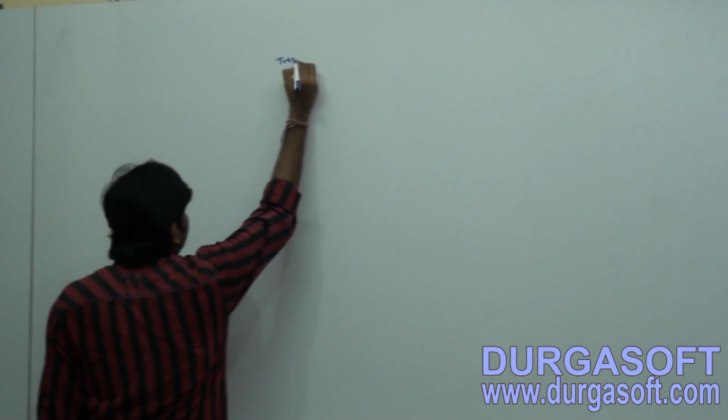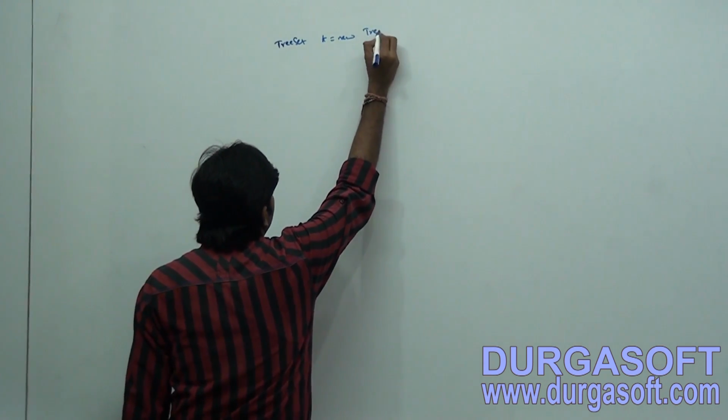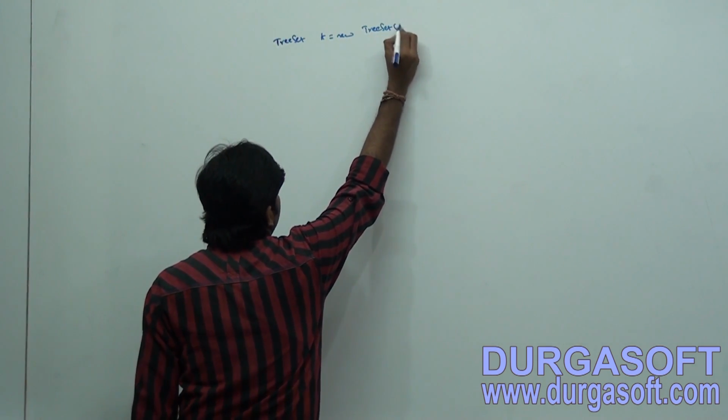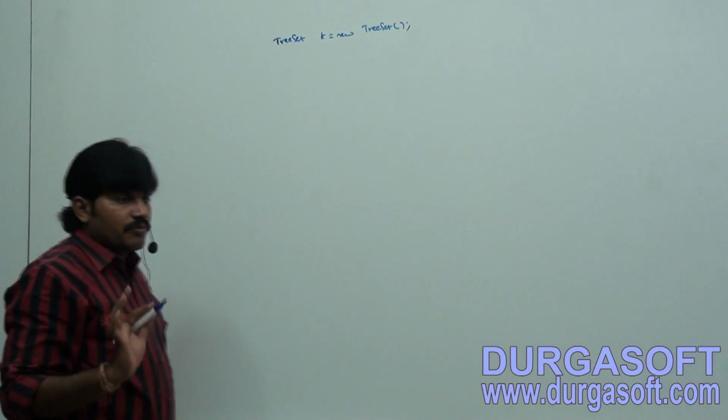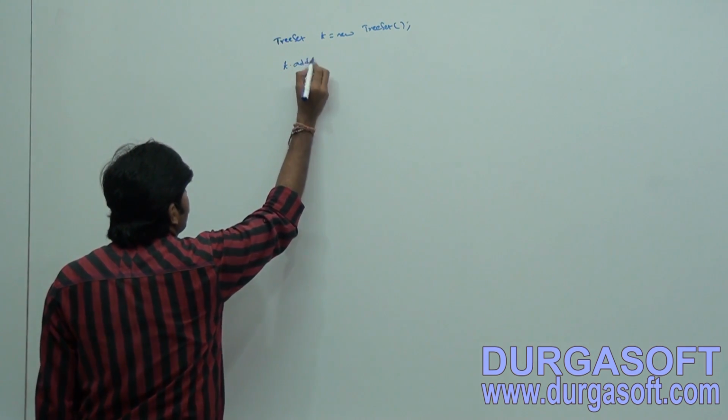Here I'm taking TreeSet t = new TreeSet.